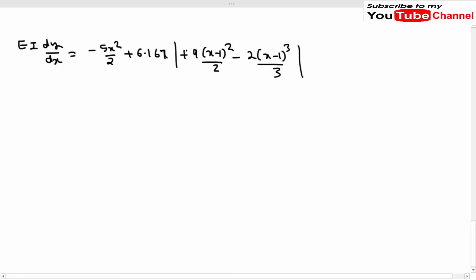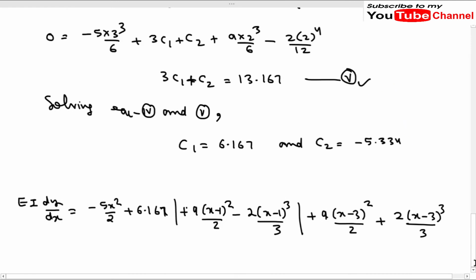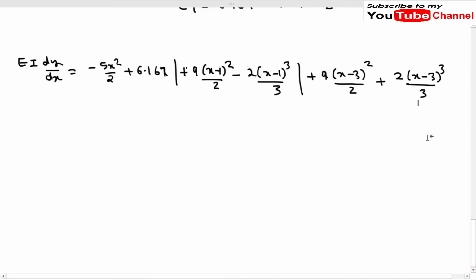Again vertical line, plus 9 into x minus 3 whole square by 2, and plus 2 into x minus 3 whole cube by 3. So this will be our equation number 6.